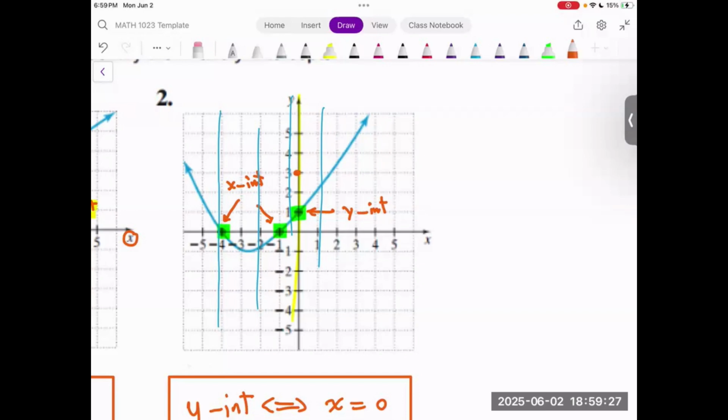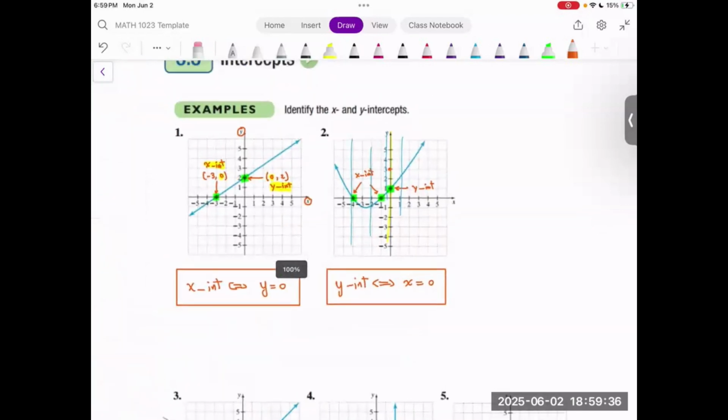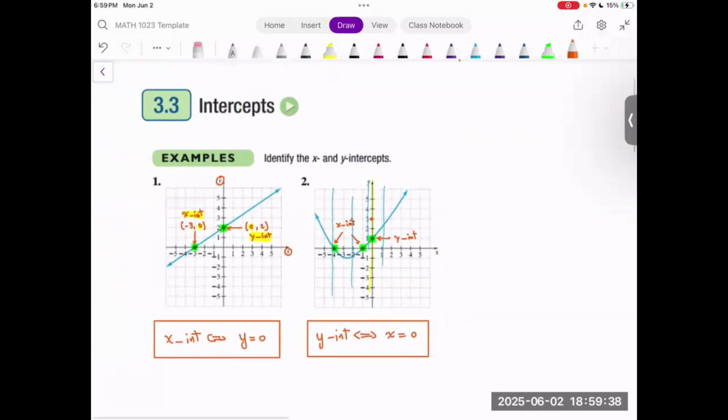So for functions, you always have at most one y-intercept. You cannot have more than one y-intercept. Okay, so I hope this is clear. The property is highlighted there, so you know how to find the x-intercept and the y-intercept, right? So let's move on to practice.